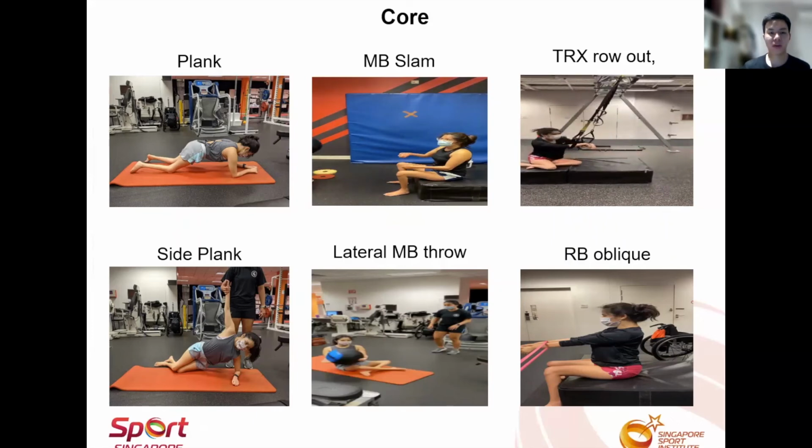Then for the side plank, from there you progress to a lateral mat ball throw, and some resistance band oblique work as well.